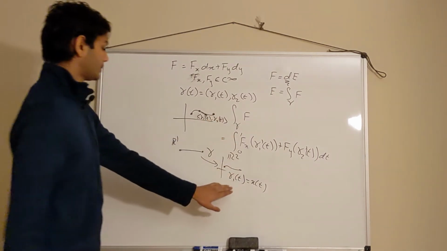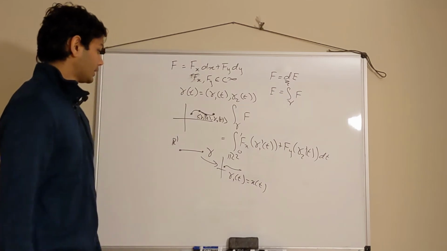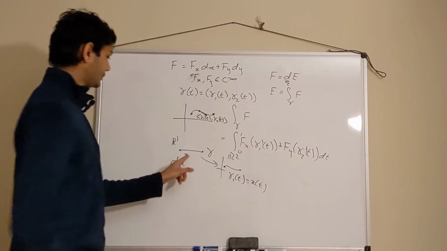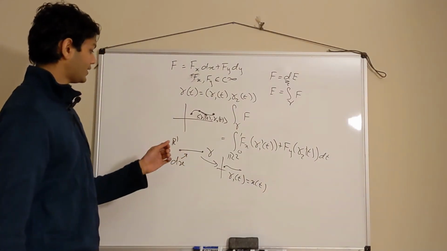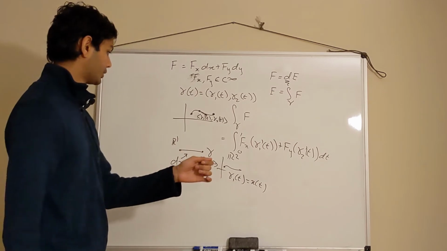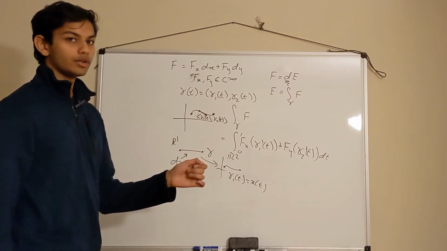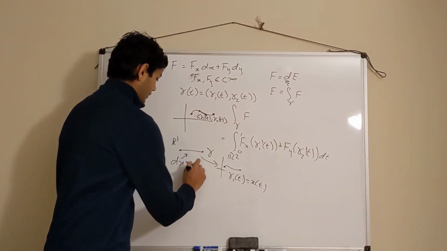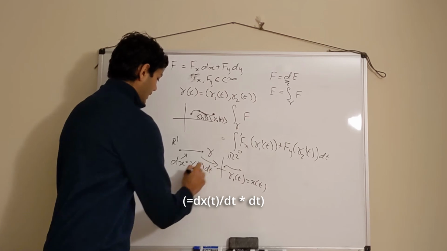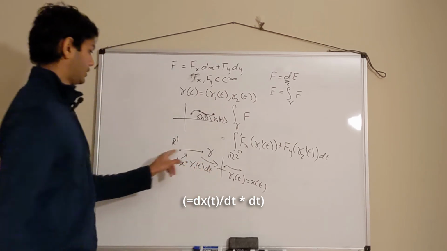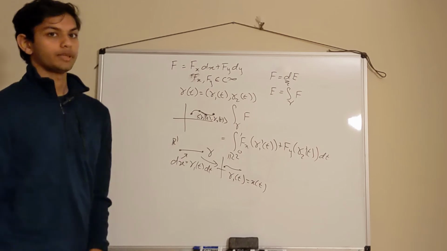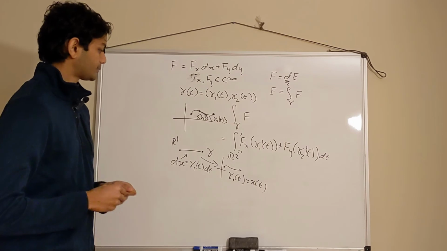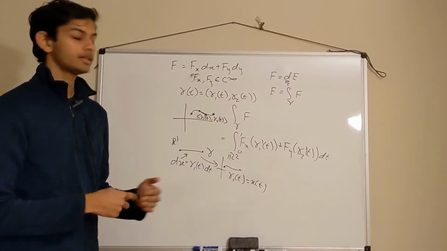And gamma 2 of t is similarly some function y of t. Then dx can be considered as a one form up here, which says as you vary t, how much does the x coordinate vary? If you use the same formula that we had before, this will come out to be gamma 1 prime of t dt, as a one form on the line instead of as a one form on the plane.